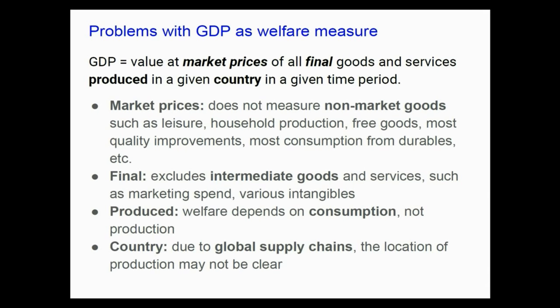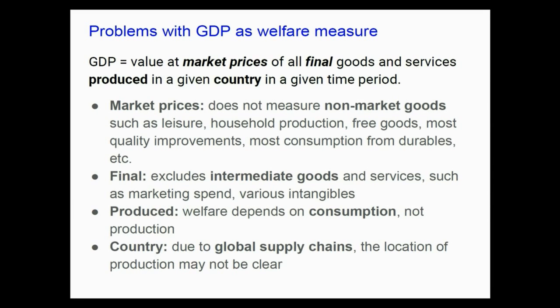So GDP is value at market prices of all final goods and services produced in a given country in a given time period. And if you look at all those bold-faced terms, you see some of the problems I'm referring to. Market prices: we don't measure any non-marketed goods really, such as leisure or household production, free goods, quality improvements, in most cases at least.